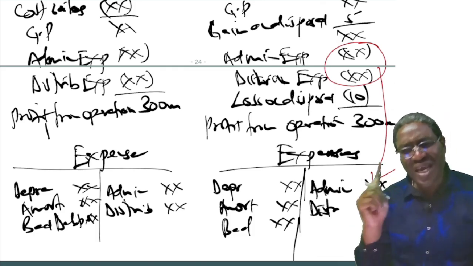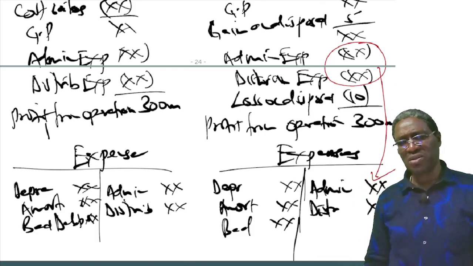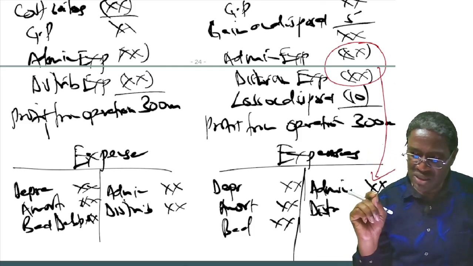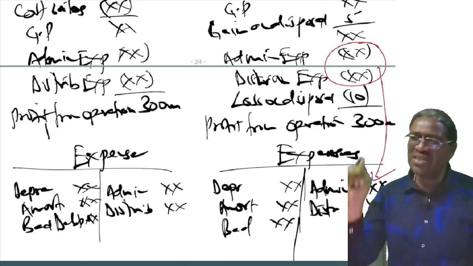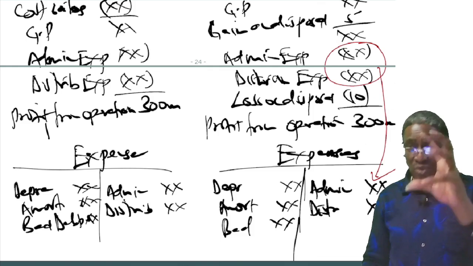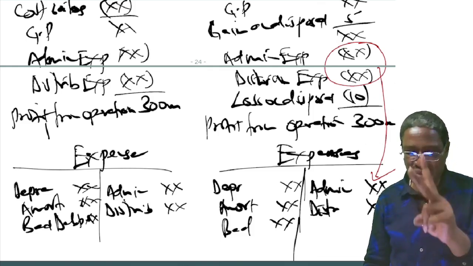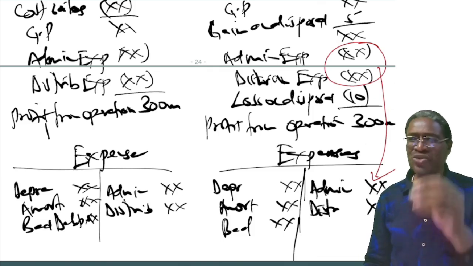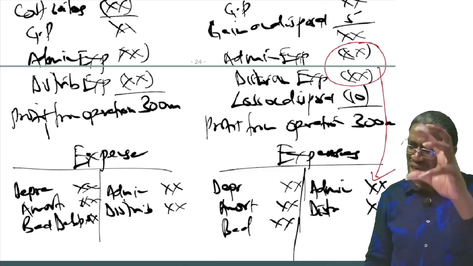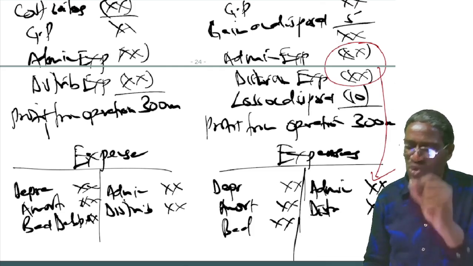Listen. Then I realized this company sold a motor vehicle and made a loss of 10 million. I will ask myself this question. Is it affecting what I am looking for? I am looking for the cash paid for the services rendered. Which services? The admin and the distribution. So I will ask myself, this 10 million, as much as it's a non-cash item, is it affecting what I am looking for?